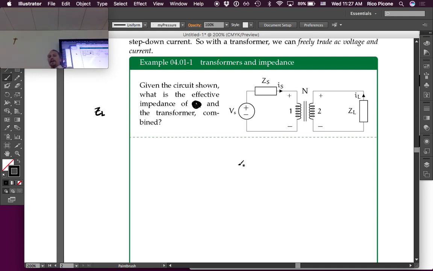We're using these generic elements with just some impedance, right? Could be inductors or capacitors or resistors or whatever. So ZS for the source impedance and ZL for the load impedance.